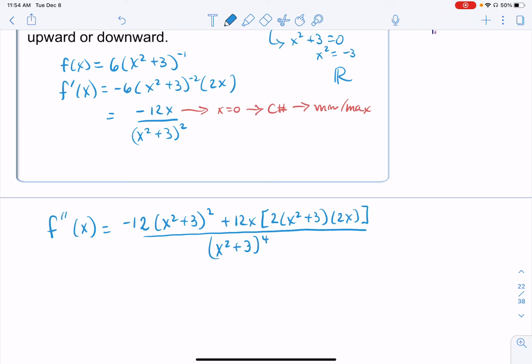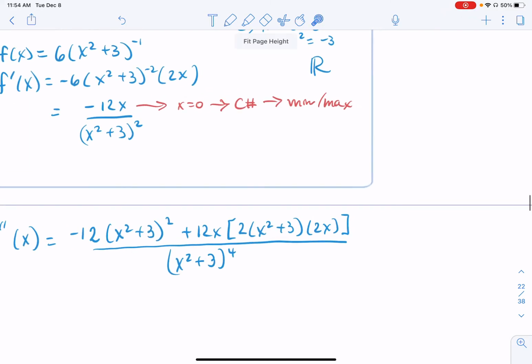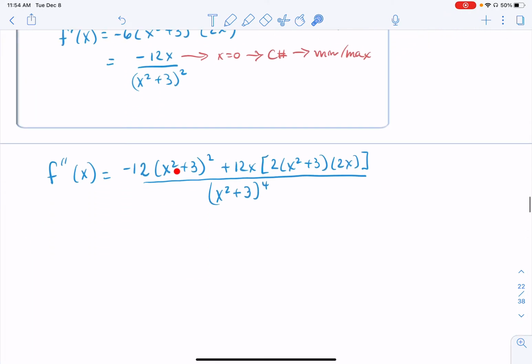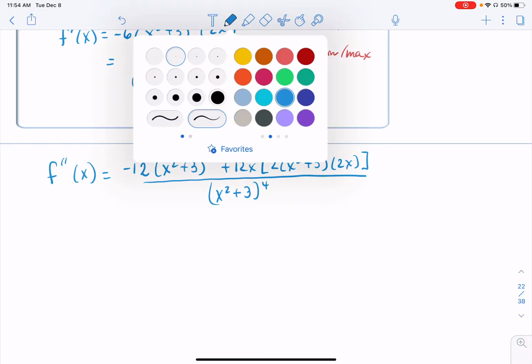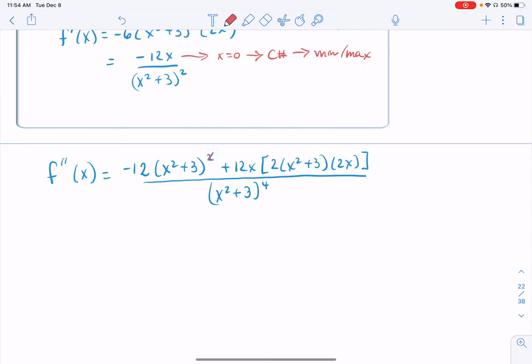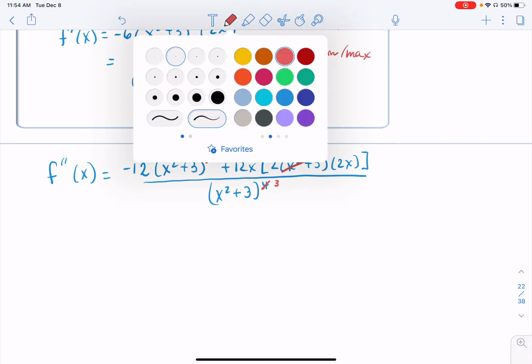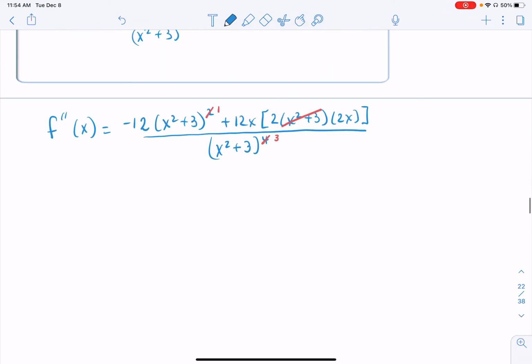Okay, and now I have to fix this. I've got to clean it up and make it look pretty. One of the things I could do is notice that every term has an x squared plus 3 in common. So I could factor it out or take a shortcut and just cancel out one of these factors. So that'll be to the first power, this one will be gone, and then the bottom will be to the third power. Okay, so that makes it a little bit simpler for me to clean up.